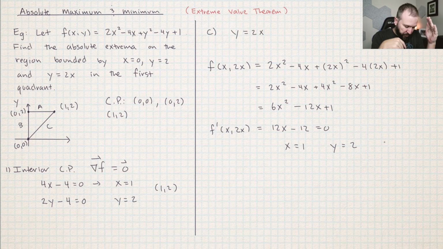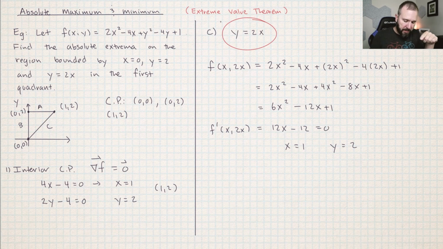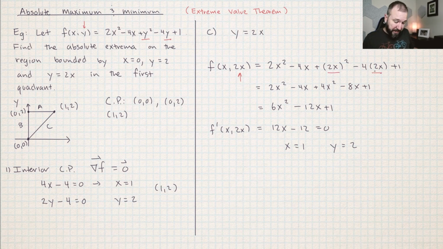Okay, so the boundary C is actually the most interesting boundary in this problem. So if y is equal to 2x, that's this right side boundary right there. What we're going to need to do is substitute y equals 2x into the original function. So that's what I've done. I've just taken all of these y values throughout the function, and I've replaced them with 2x, okay?